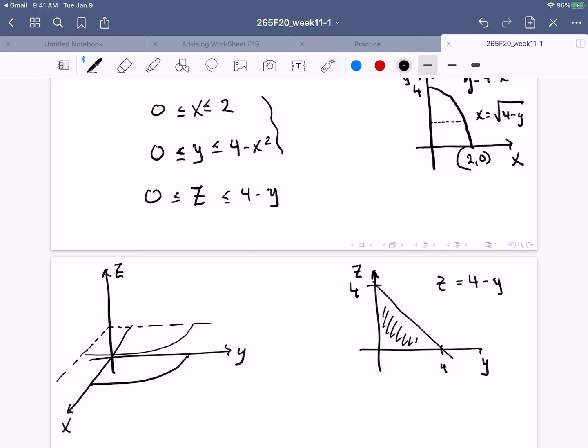So graphically, what that means is we would have a plane, I can use blue, a plane that slices the 3D space, and then it extends this way.